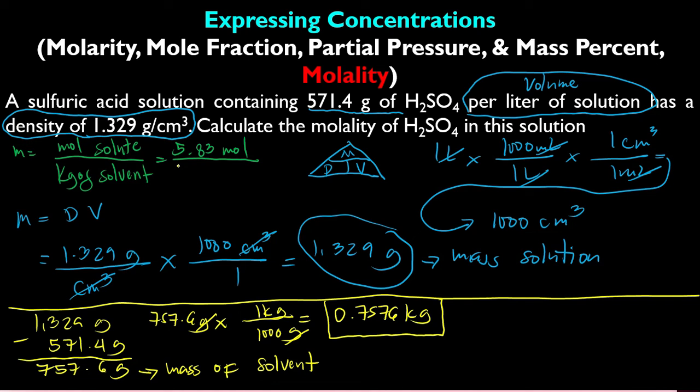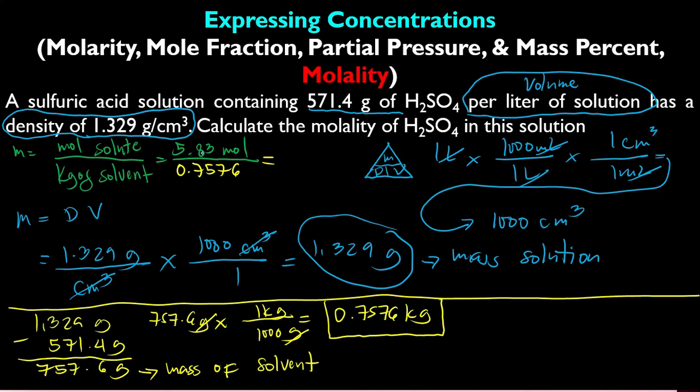So we will put this in here, 0.7576. We round off to three significant figures. Here is our triangle.